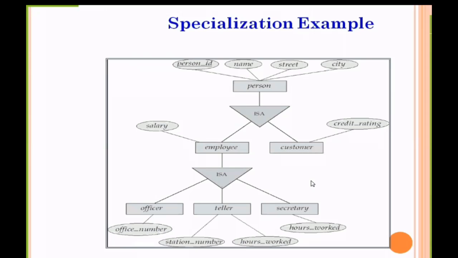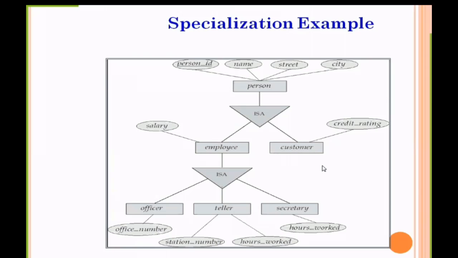If we consider the concept of a database management system, the similar concept is also applied. If we have already created a table called person, we can create an additional table like employee, which will have all the properties of the previously existing person table, but some additional property like salary will be added to the special table, that is employee.